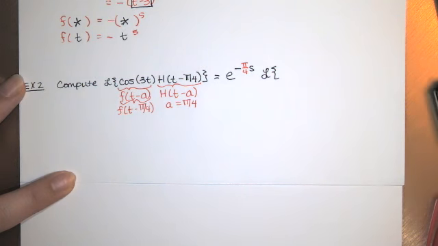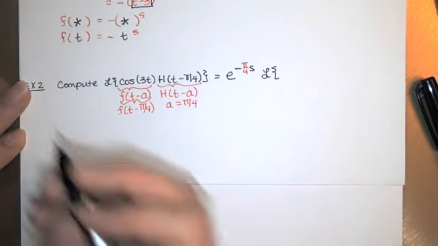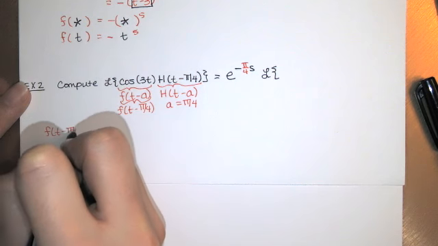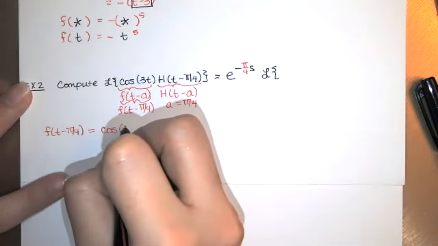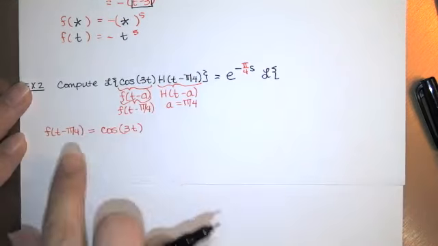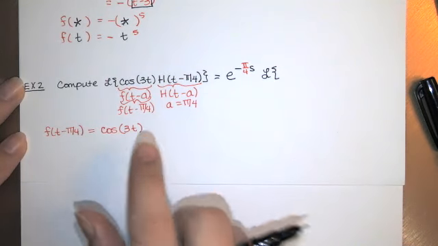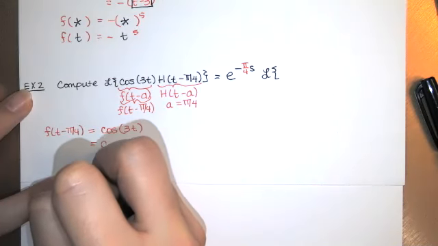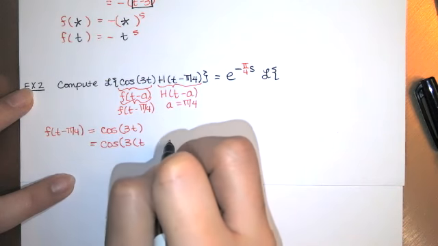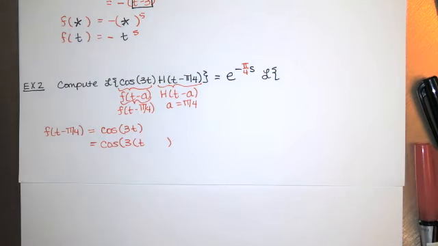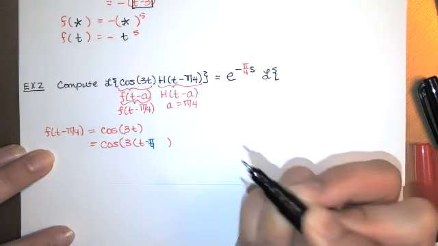I'm not even going to put that second, what are those called? Braces, curly brackets, I'm not sure. Okay, so we've got f of t minus pi over 4 is equal to cosine of 3t, but I really need this to have a t minus pi over 4 in it. So we're going to do what we always do. We're going to replace the t with t minus pi over 4, and that's legal as long as we also compensate for that.